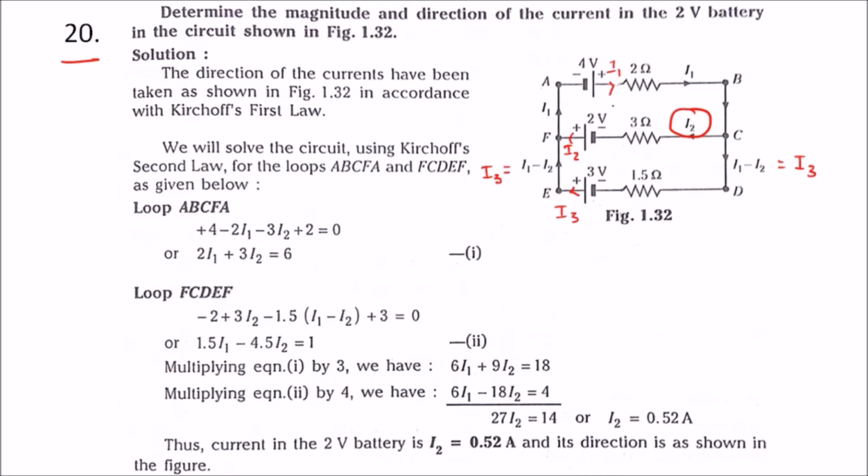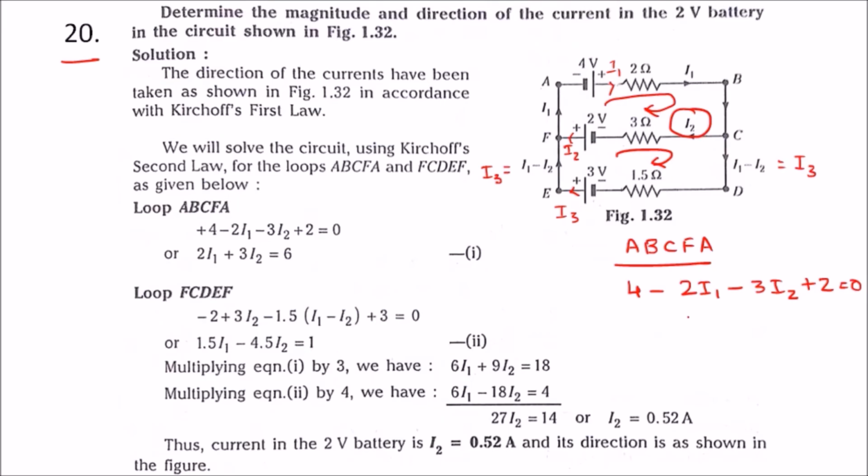So we will use Kirchhoff's second law, that is the voltage law, on this loop and this loop. The first loop is A, B, C, F, A. For this, when we simplify, we will get 4 minus 2I1 minus 3I2 plus 2 is equal to 0.